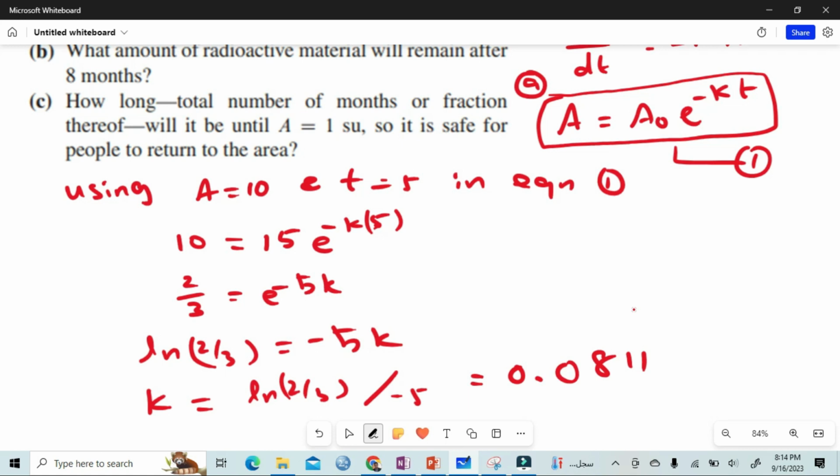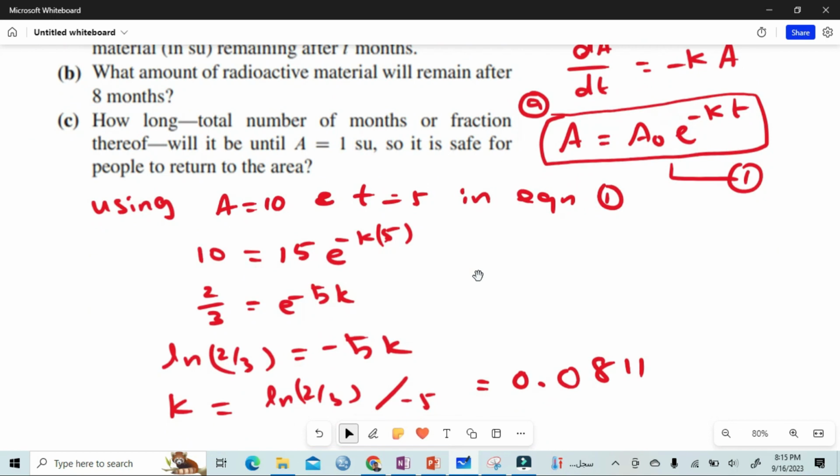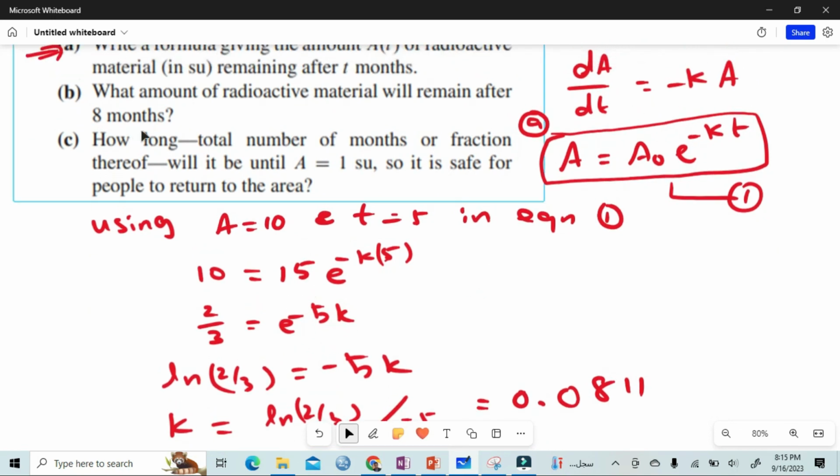K value is given. Now to find B, what amount of radioactive material A you have after 8 months. All the units are in months, so nothing to change in T. If T is 8, what is A?